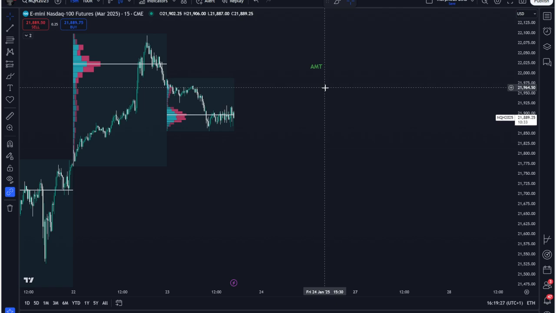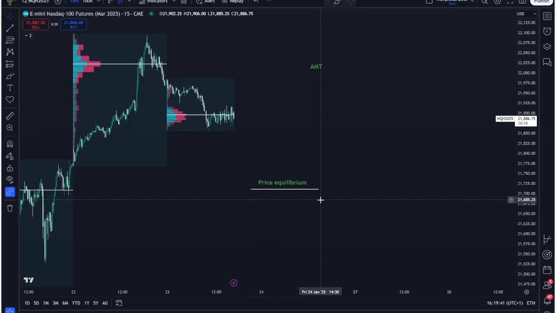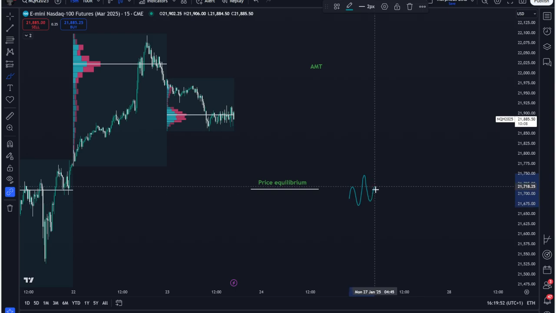Okay, so we will start with the understanding of price equilibrium. That is the condition and status of the market that you will face 80 to 85% of the time. Price equilibrium means that between supply and demand there is a balance.